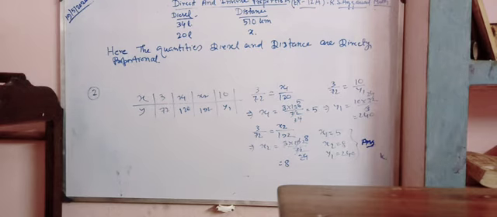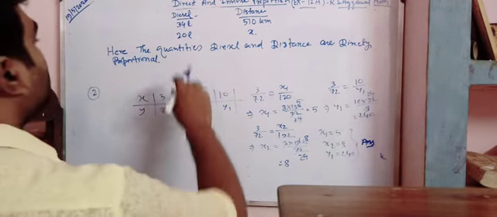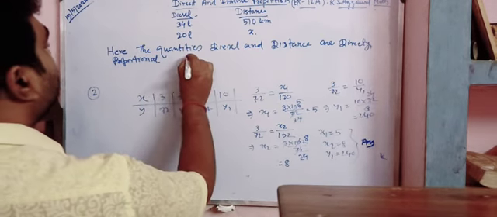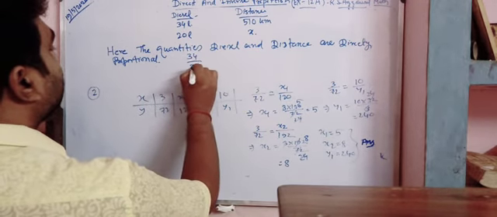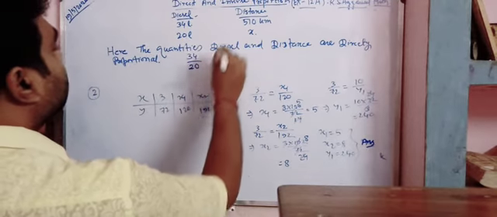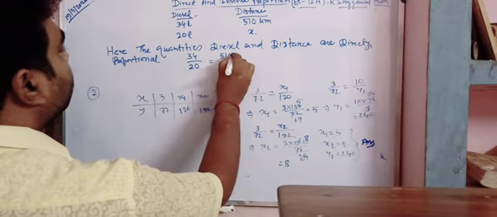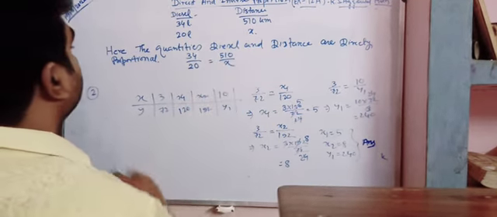Now remember the process for direct proportion: we have to do 34 by 20 equal to 510 by x, this by this.